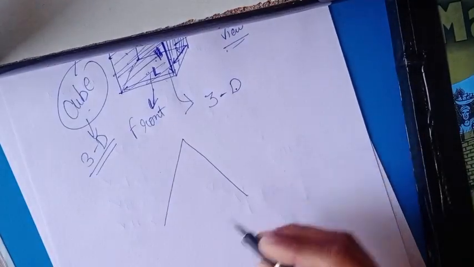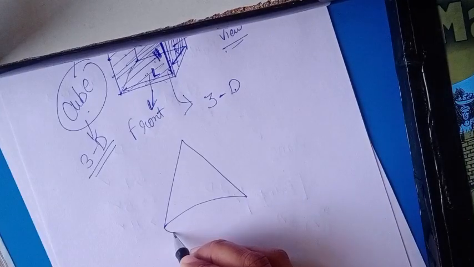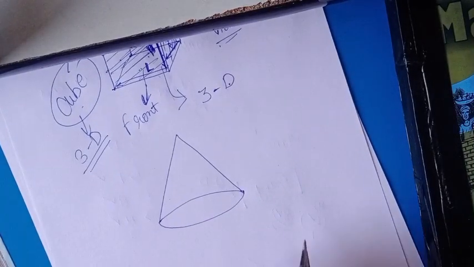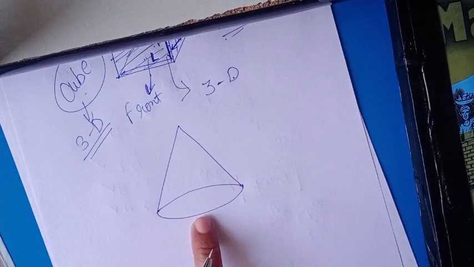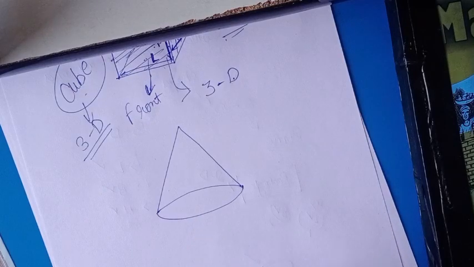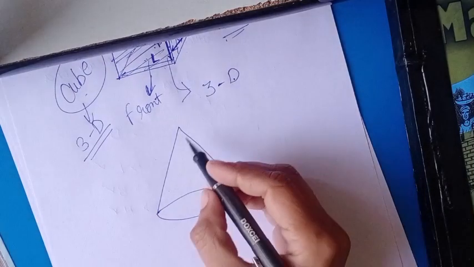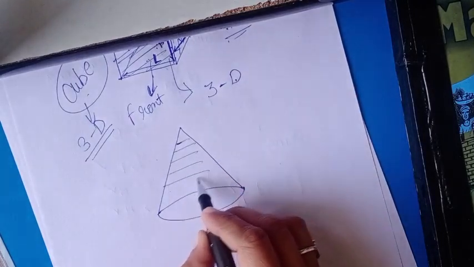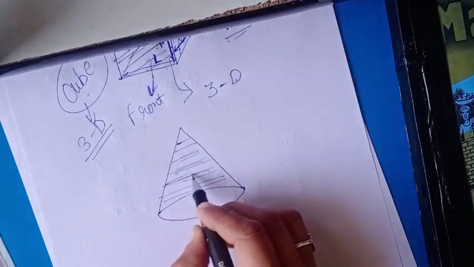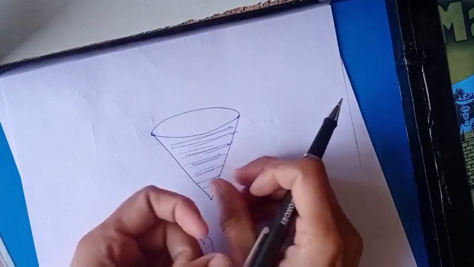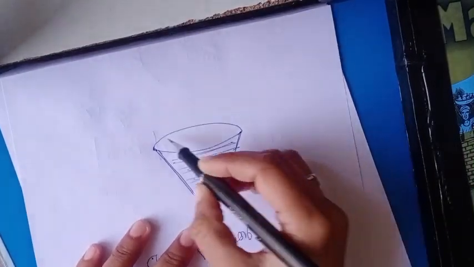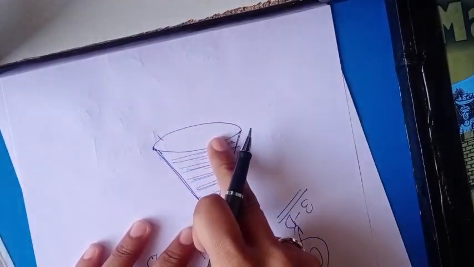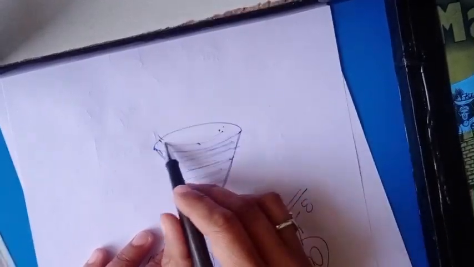What we have discussed, this is our cone. Have you eaten ice cream? Yes, children very much like ice cream. What is the shape of the ice cream cone? Have you watched? In our daily life, when we see the ice cream cone, we hold this type of cone, and here we put some ice cream, and this portion is empty.